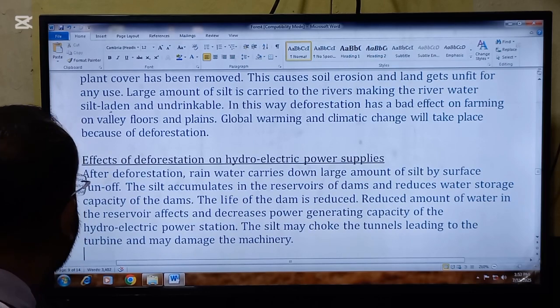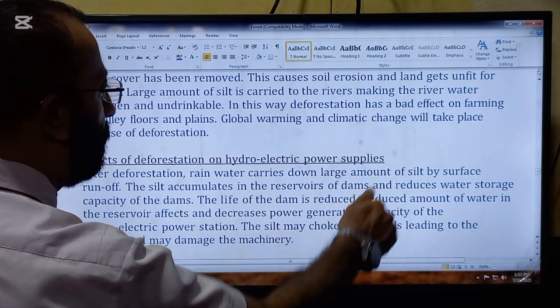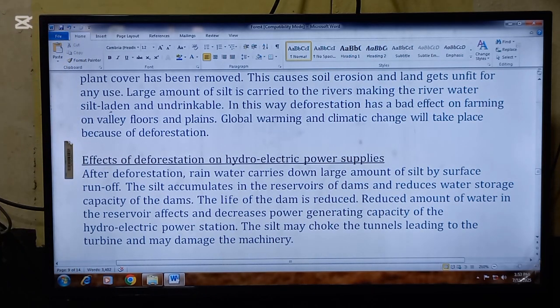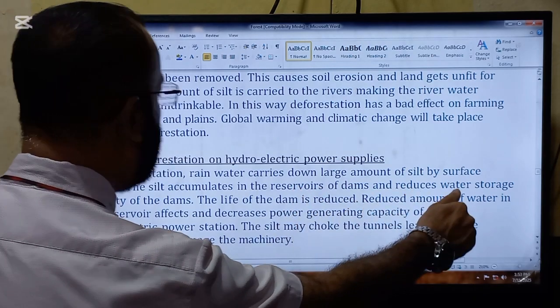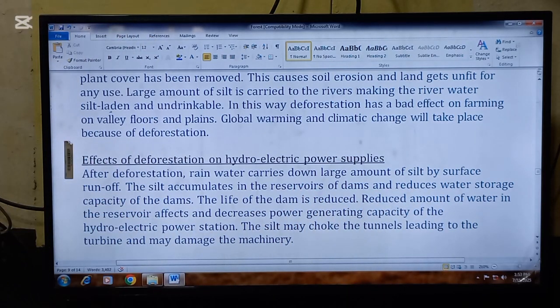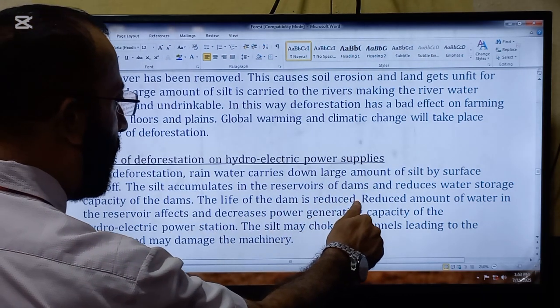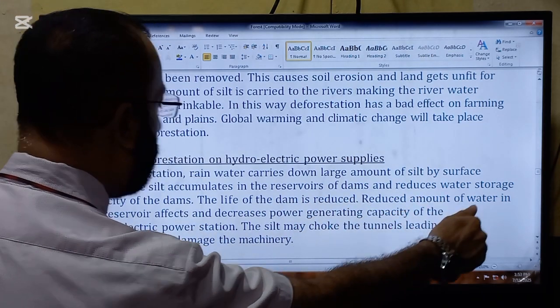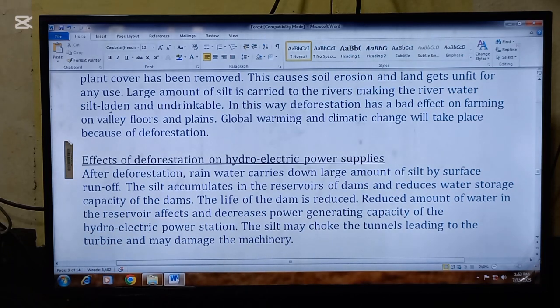Next, we are going to read the effects of deforestation on hydroelectric power supplies. After deforestation, rainwater carries down a large amount of silt by surface runoff. The silt accumulates in the reservoirs of the dams and reduces the water storage capacity of the dams.